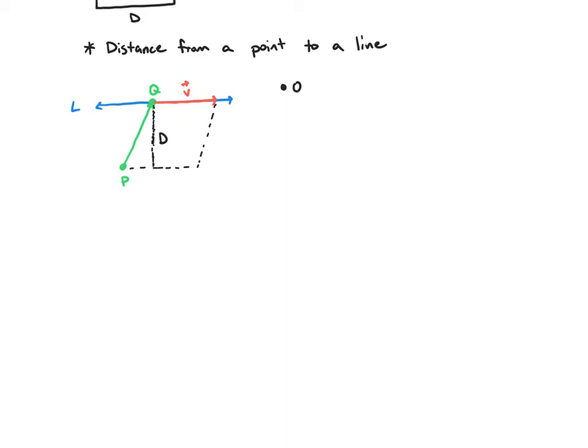So we have Q, which is on the line. We have V, which is the directional vector for our line L. Then we have P, which is a point off the line.